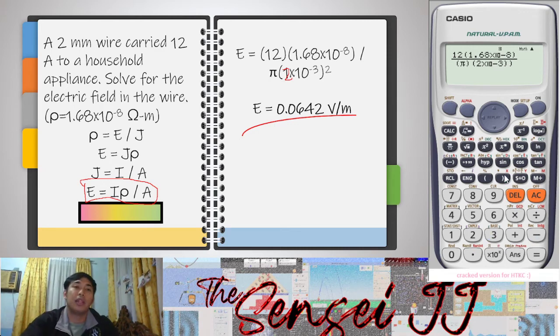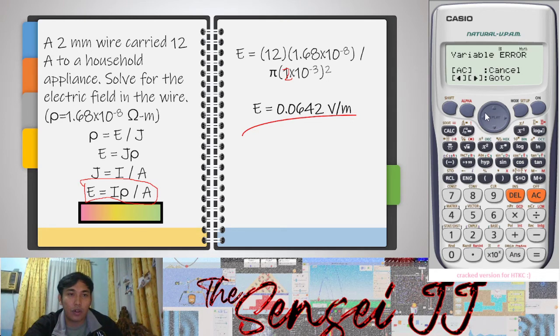This is millimeters, that's why it is times 10 raised to negative 3. Don't forget the square.